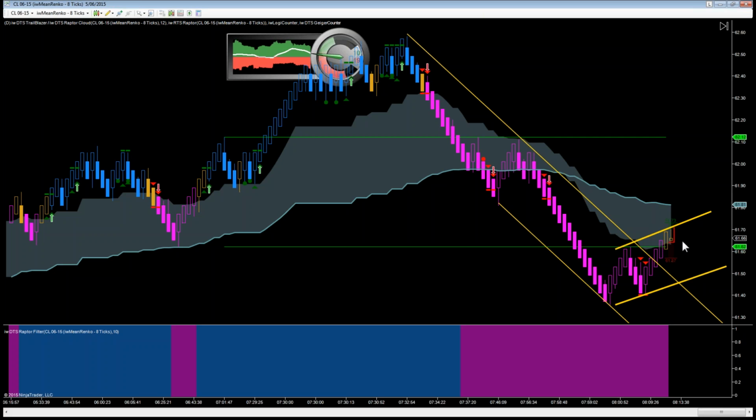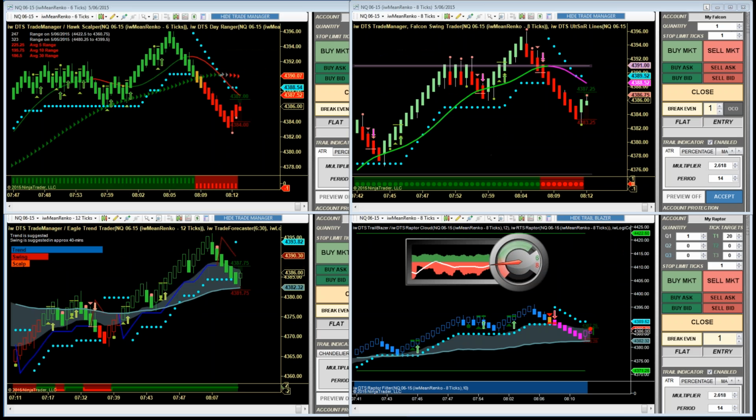Kind of suggests that if this formation holds, we don't have that swing point yet, but if this formation holds, then yeah, it's starting to look a little bit more bearish. So there was the Raptor on crude oil.